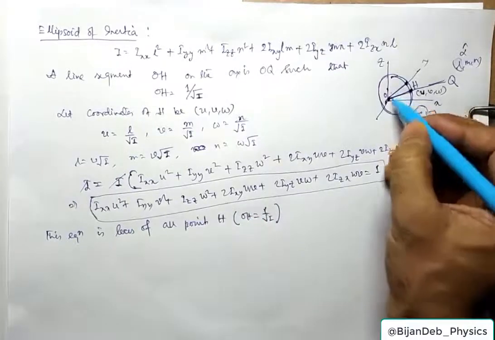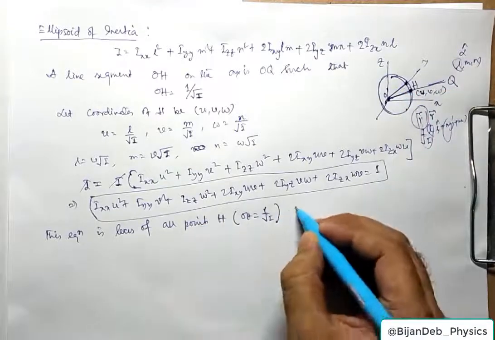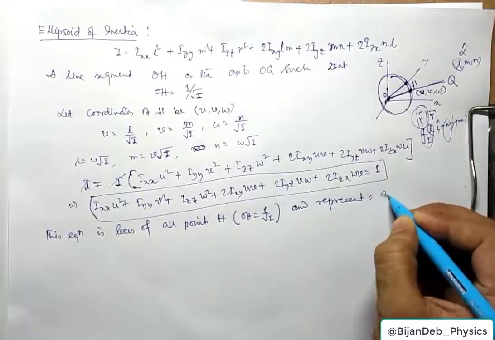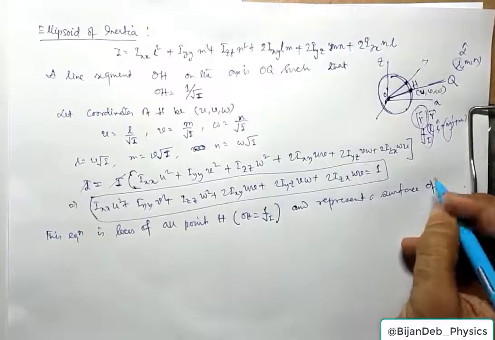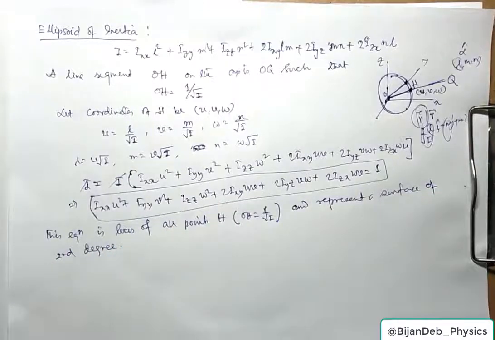O is the origin of the coordinate system and also the origin and center of the body. This is a locus of all points H and represents a surface of second degree, a second order surface, u square, v square, like this.